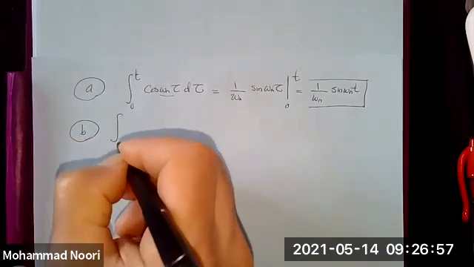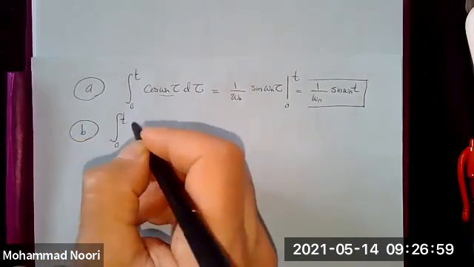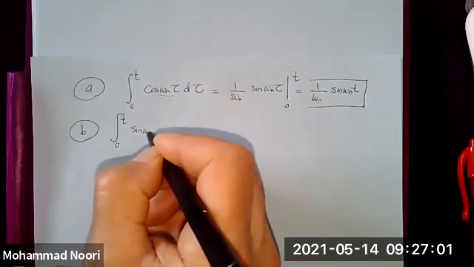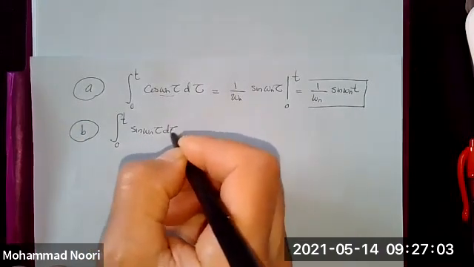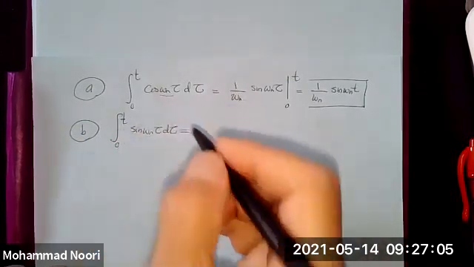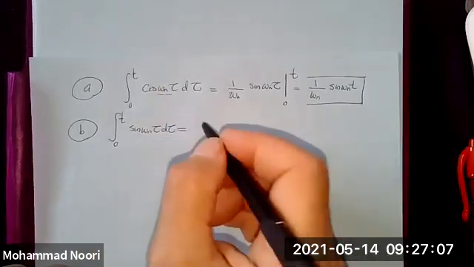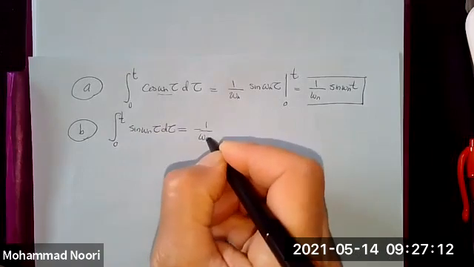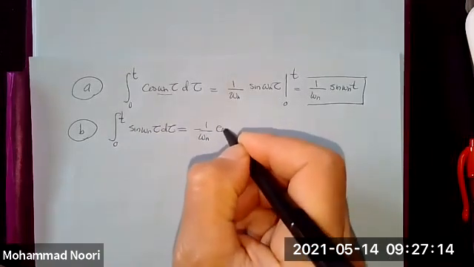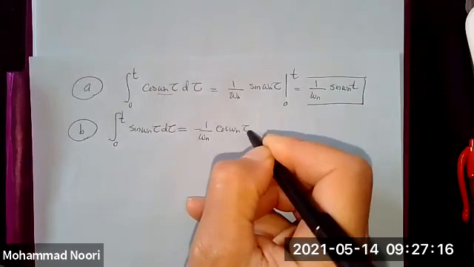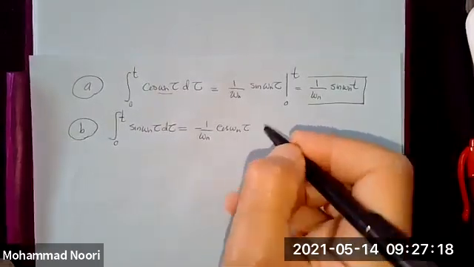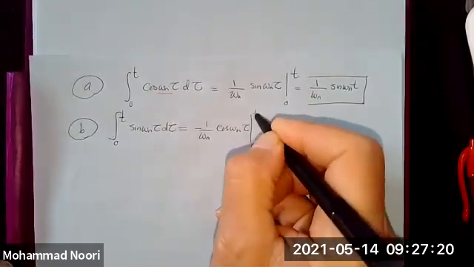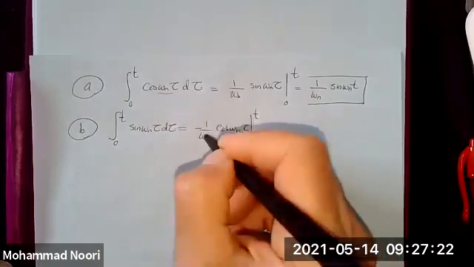B is this integral from 0 to t of sine omega n tau d tau. The integral of sine is negative 1 over omega n cosine omega n tau, evaluated from 0 to t. So substitute that.